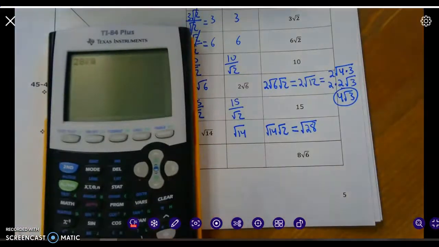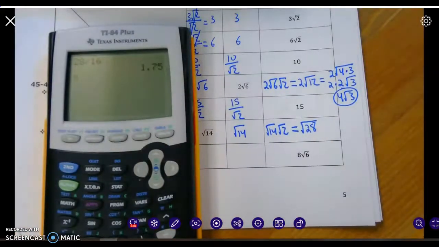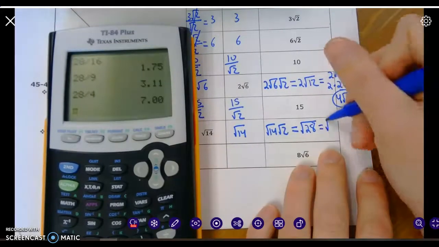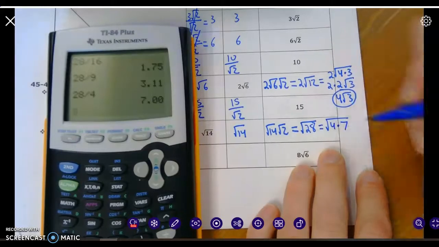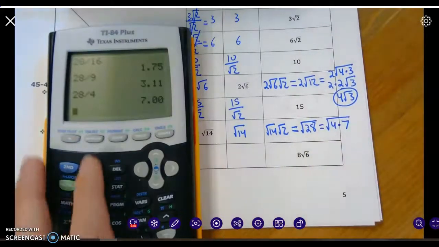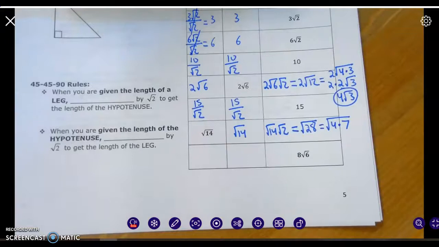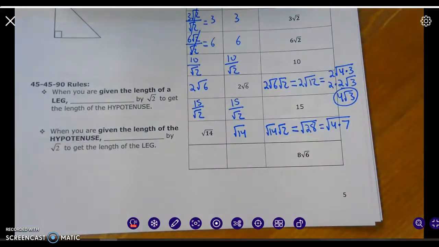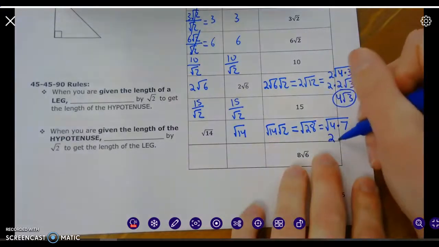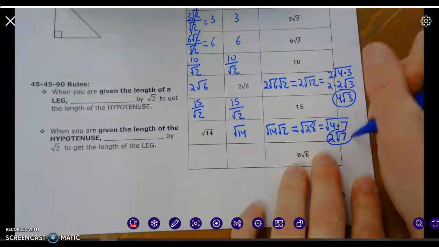Let's see. Can we divide out 16? What about 9? Maybe 4? Okay, so we're going to use 4 and 7. Okay, so the one that we pull out is the one that's a perfect square. Square root of 4 becomes 2. Square root of 7 stays square root of 7.